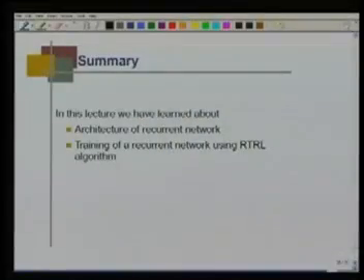So, in this lecture we learnt the architecture of a recurrent network. We also presented a new training algorithm, RTRL, the real time recurrent learning algorithm, which is an online learning algorithm.